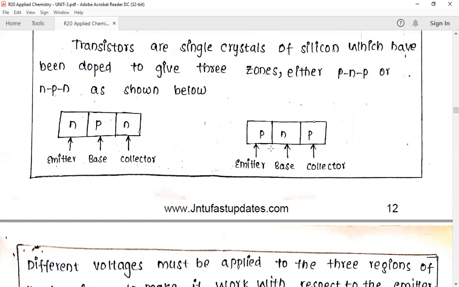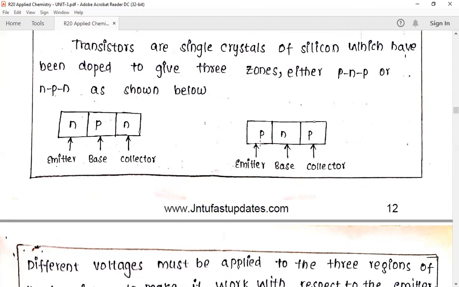The emitter base junction acts as a forward bias, and the base collector junction, which is considered as junction 2, is a reverse bias. That means the emitter base junction is considered as junction 1, and the base collector junction is considered as junction 2.